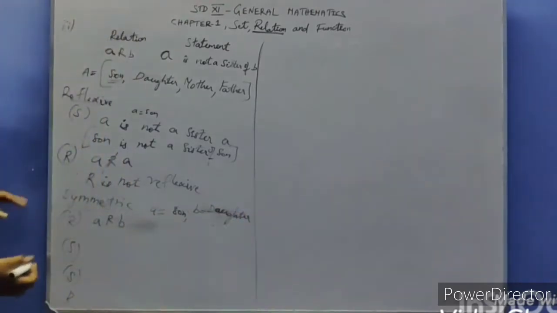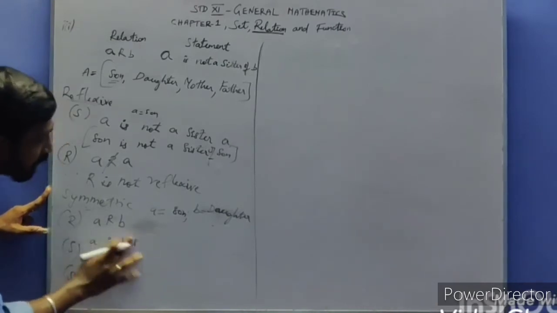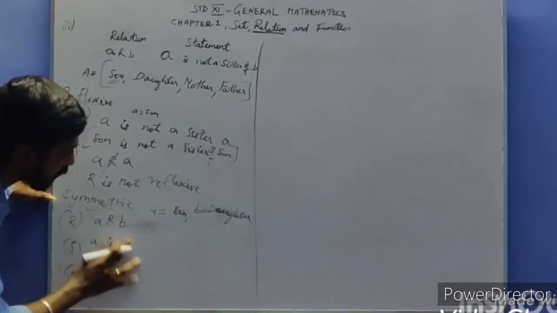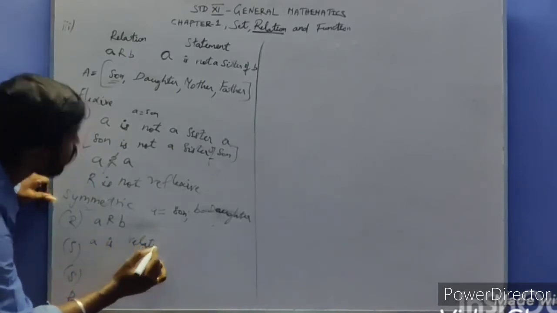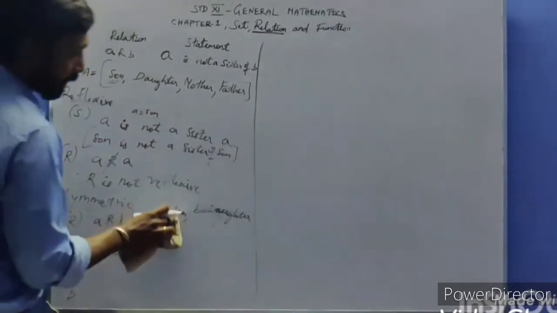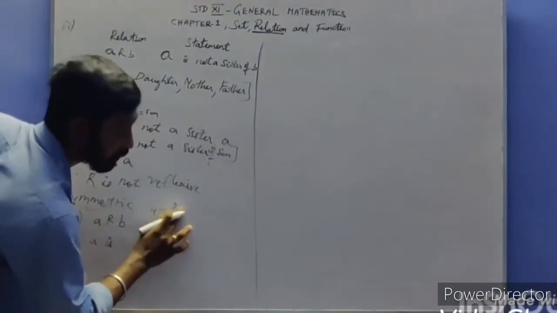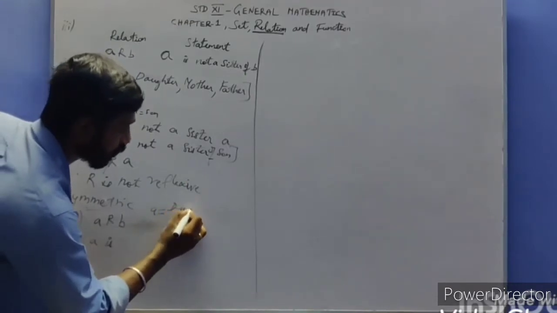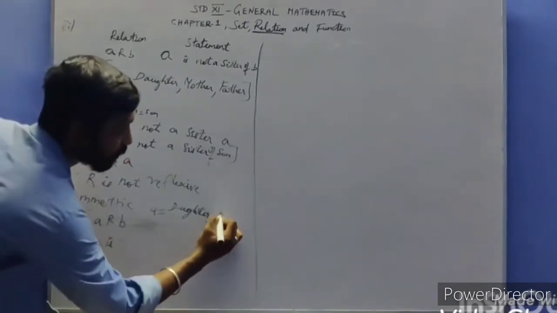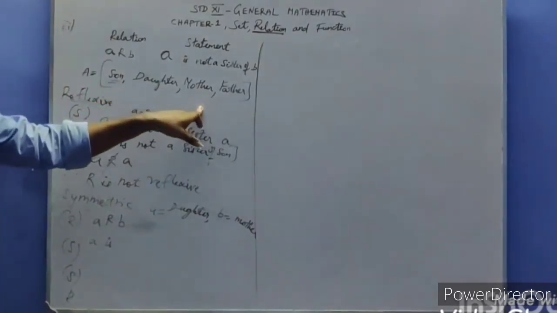Now you write the statement: A is related to B. A is a sister of B. If you are considering A as daughter, B is equal to mother. Don't assume like this: A is equal to daughter, B is equal to mother.